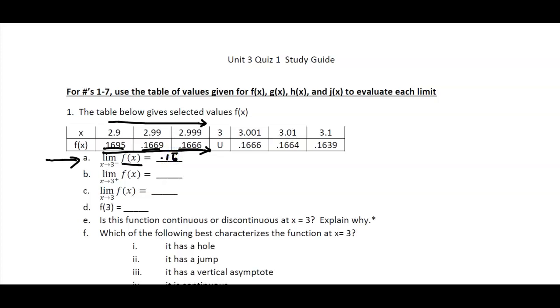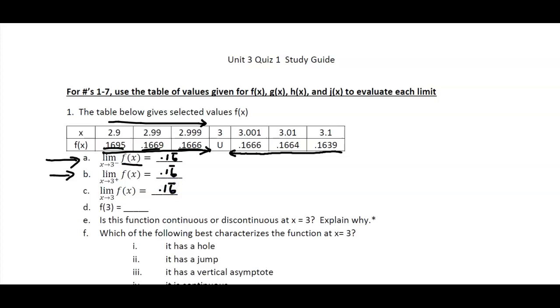It's just going to be getting closer and closer to 0.16666. And I would say the same thing is happening here on the right. It's 0.1639, 0.1664, 0.1666, so same thing. And since the limit on the left and the right are the same, that's just what the limit is.